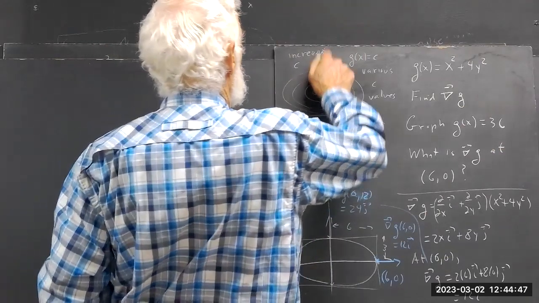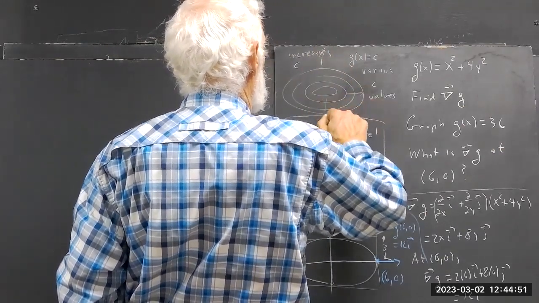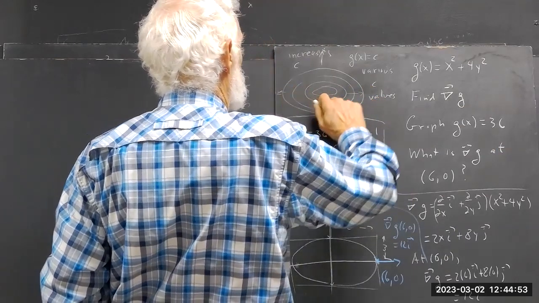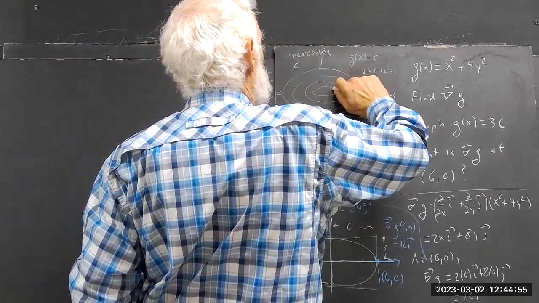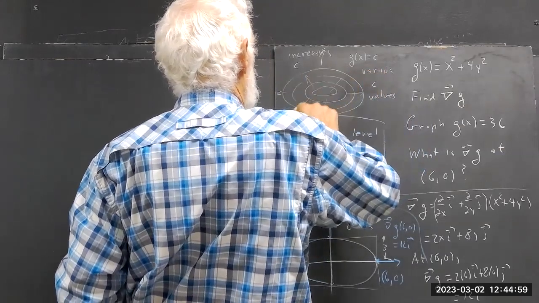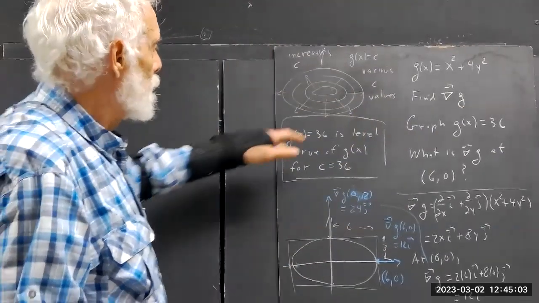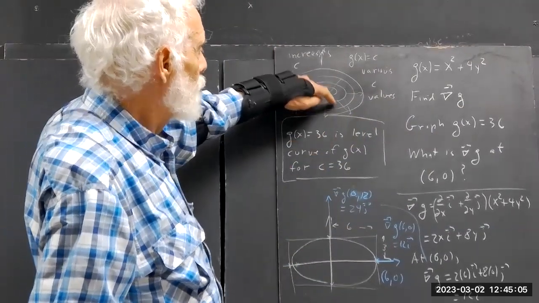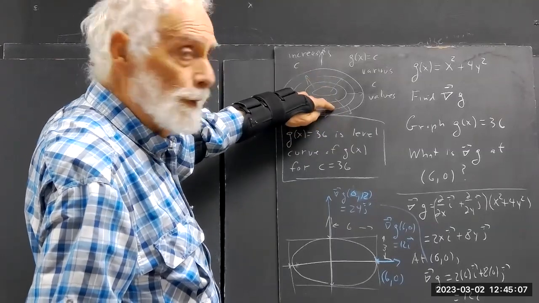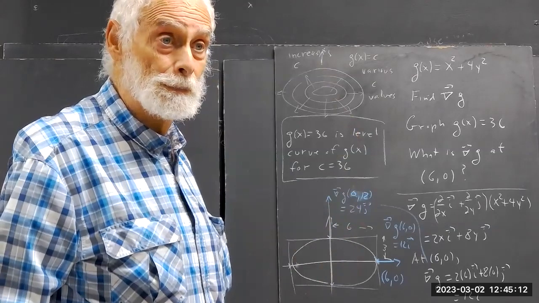Increasing C can go this way, in this direction, in this direction. As you move out along arrows perpendicular to the curve, you have the direction of maximum increase.